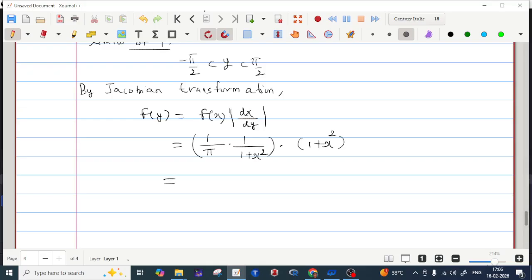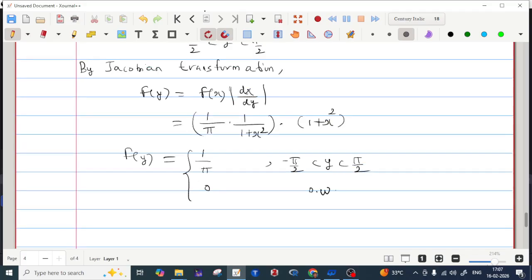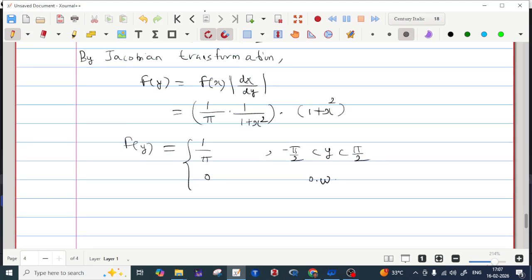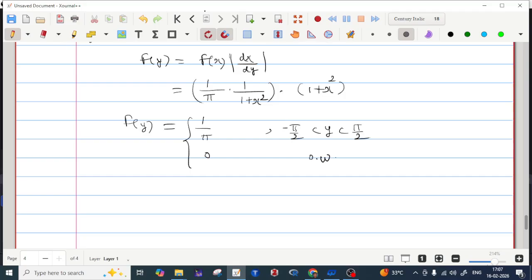This 1 plus x square gets cancelled, so simply 1 upon pi. The limits of y are minus pi by 2 to pi by 2, and 0 otherwise. So this is the PDF of y. f(y) is 1 upon pi for minus pi by 2 less than y less than pi by 2. So in this way, we can obtain the probability distribution by using Jacobian transformation.